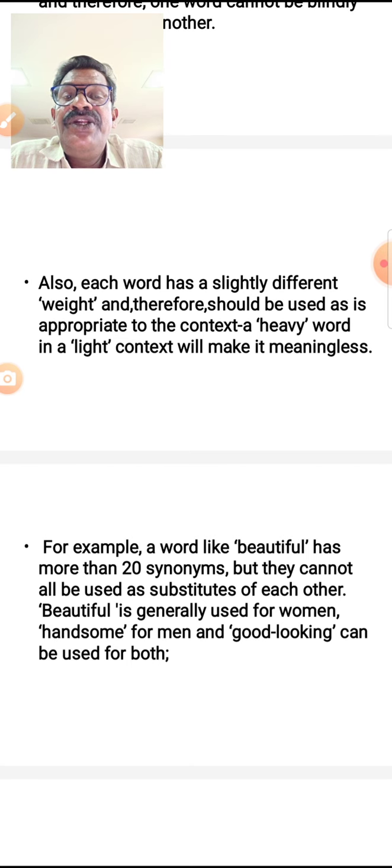Here, a heavy word given in a light context will make it meaningless. So when we are not using an appropriate word in an appropriate context, the sentence will lose its originality. That means the sentence will become meaningless, right?